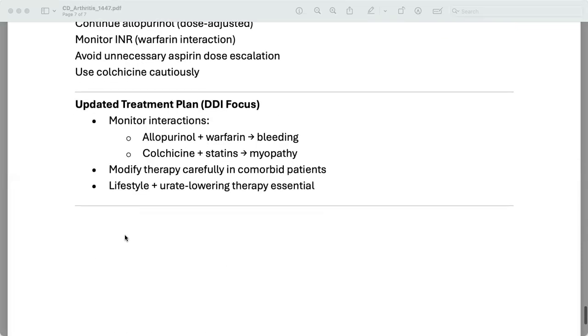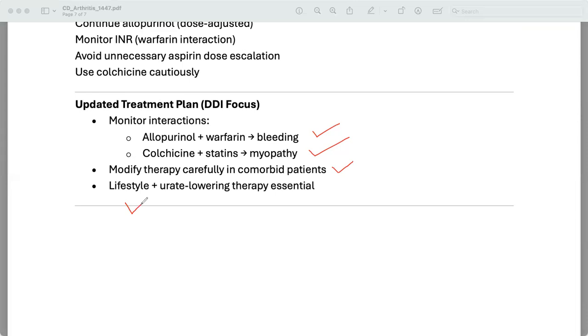So the updated treatment plan, with a drug-drug interaction focus. We need to monitor for interactions. As we know, allopurinol with warfarin carries bleeding risk, colchicine with statin carries myopathy. Modify therapy carefully in comorbid patients, and lifestyle modification is very important.